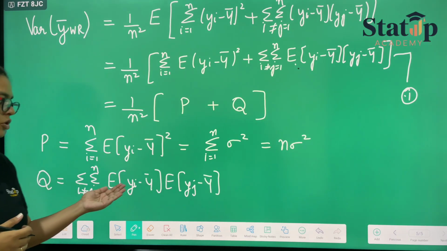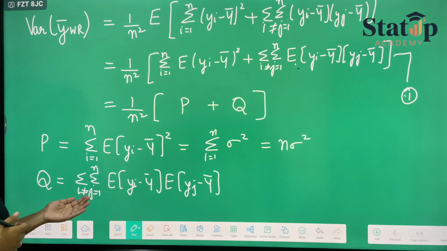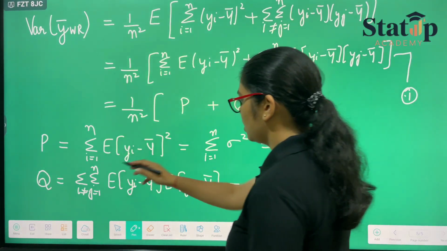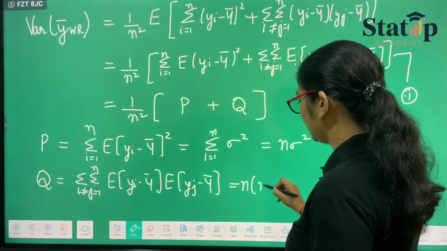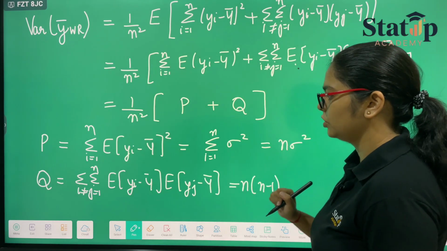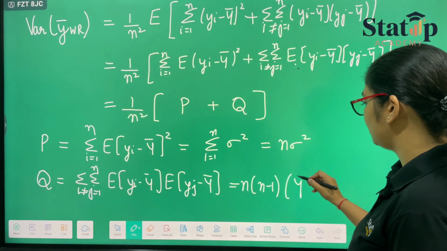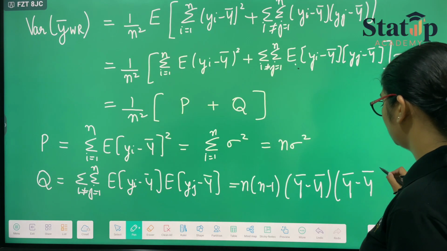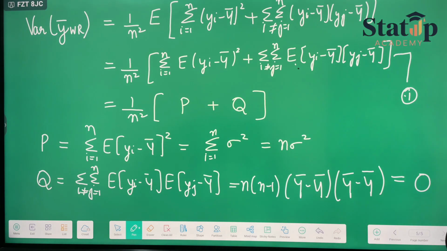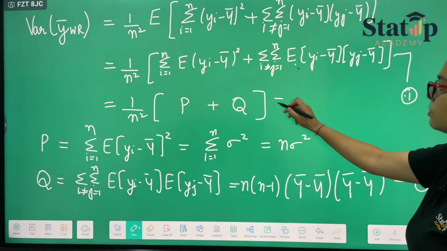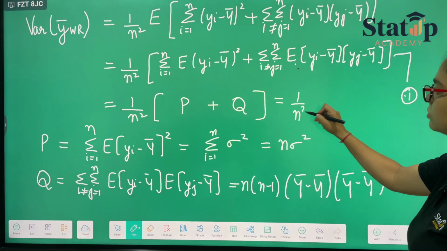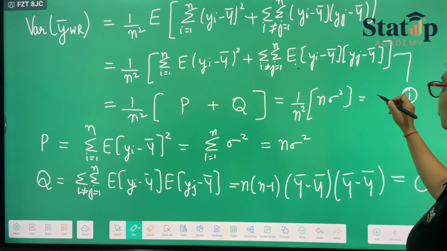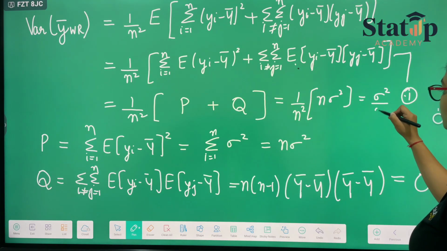So we can write expectation of (yi minus y bar) into expectation of (yj minus y bar). This will be n into n minus 1, this summation, and this will be y bar minus y bar into y bar minus y bar, which is nothing but equal to 0. So this becomes 1 upon n square into n sigma square, which can also be written as sigma square upon small n.